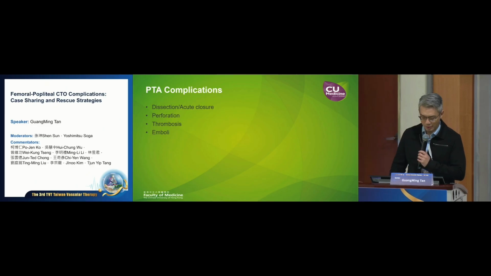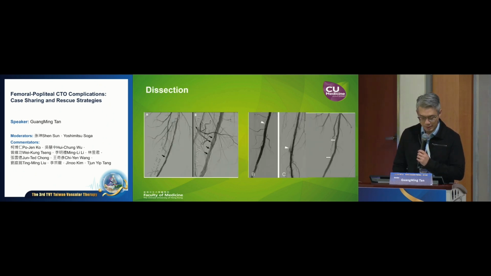In the following 5 to 10 minutes, I will briefly discuss some aspects of complications, such as dissection, acute vessel closure, perforation, thrombosis, and embolisms. For dissection, strictly speaking, this is not an angioplasty complication because vessel dissection is what we hope to achieve with balloon angioplasty.